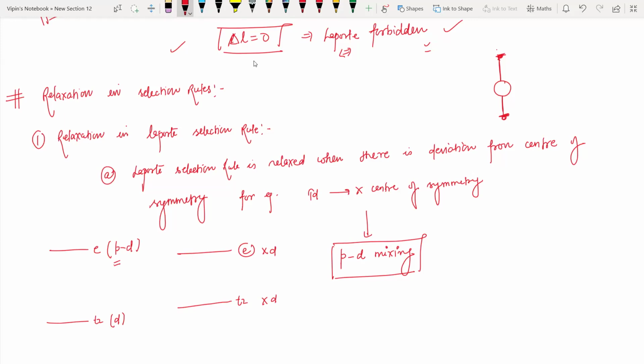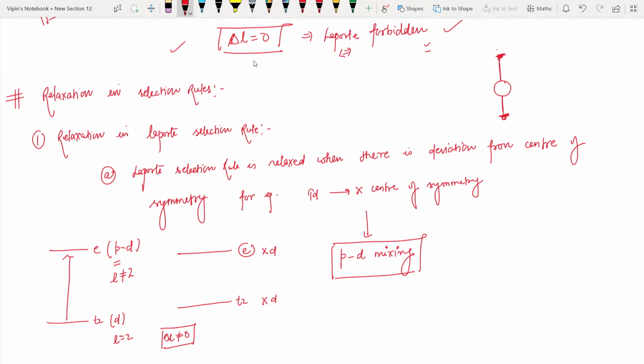So there are many complexes. When there is deviation from the center of symmetry, means complexes are not centrosymmetric, then there is some kind of mixing between energy states. Means the L value for this state is 2. Since this state is formed by the mixing of p and d, the L value is not equal to 2, right? So for the electronic transition between two states, the delta L will not be equal to 0, right?